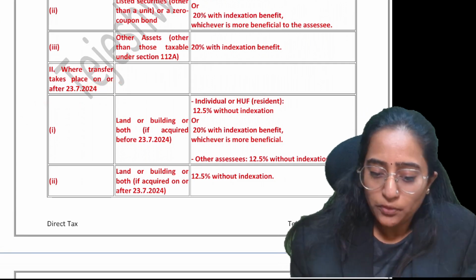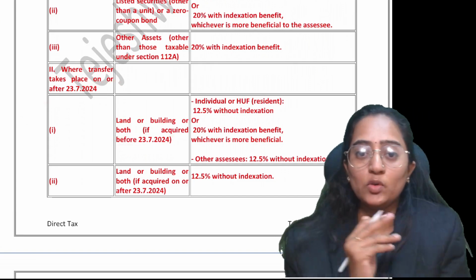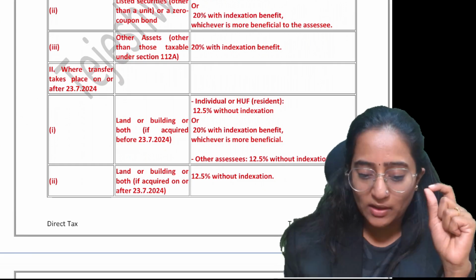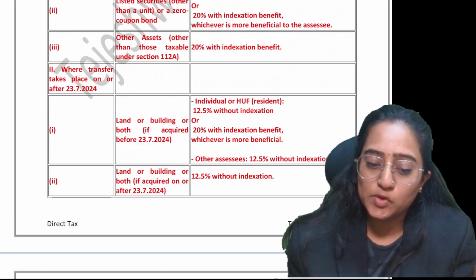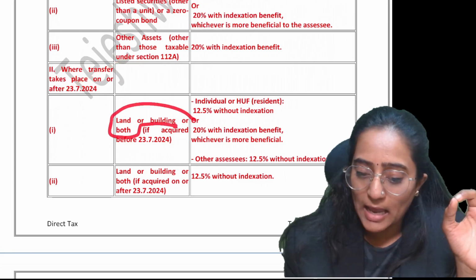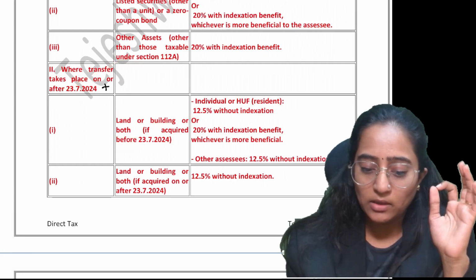But if you have purchased the asset before this date, and you have sold it on or after this date, and of land, building or both, all these are AND clauses, remember.